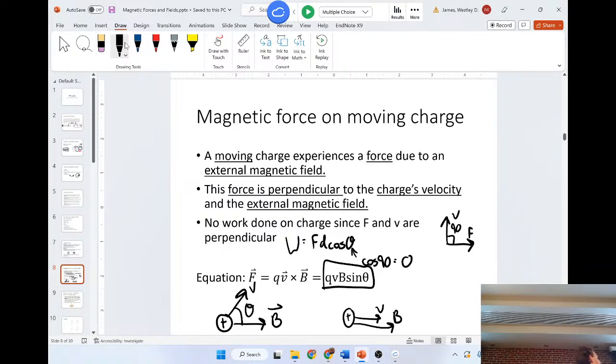And then what would be sine of that angle? If the velocity and the magnetic field are pointed in the same direction, we say they're parallel. Try that in your heads. See how good you are with your unit circle?